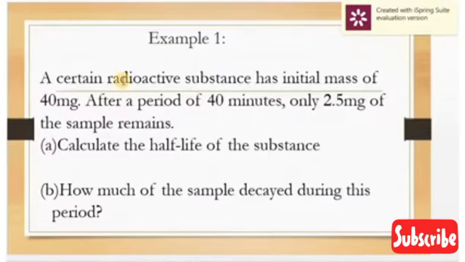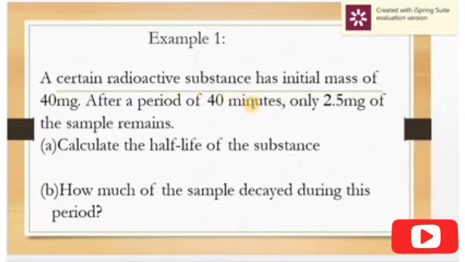The first thing for us to be able to answer these two questions is to find out how many half-lives are there in these 40 minutes of this sample. We do not know the half-life, but we know the total time that elapsed, that it is 40 minutes. So we can determine the number of half-lives in this total time.